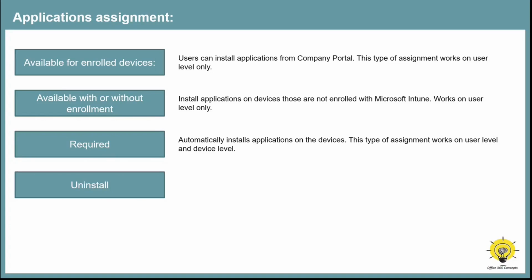And the fourth assignment type is uninstall. If you want to uninstall an application from the device, you can add the group of users or the devices under this assignment type, and the application will be uninstalled from the device.